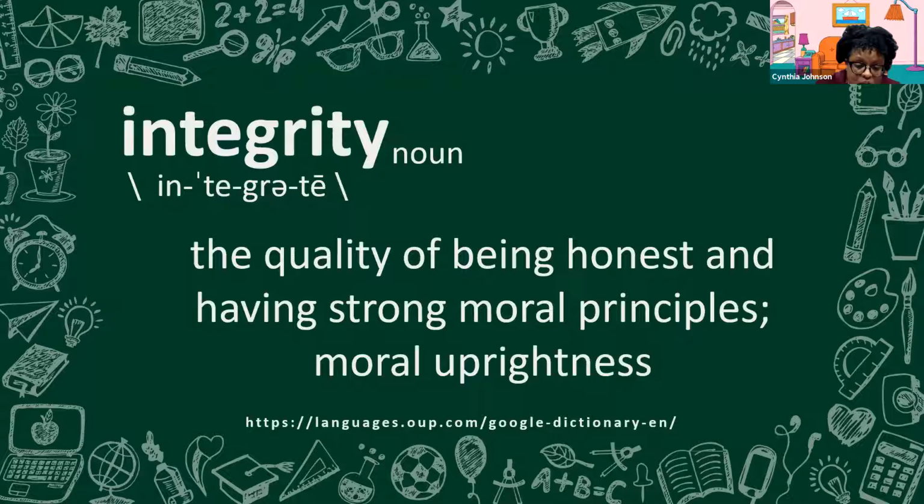Your GPA can change. You might change your major. You might change your career. But the one thing that you don't want to change is how people view your integrity. You always want people to see you as being honest and upright, because that's a hard thing to get back once you break that.